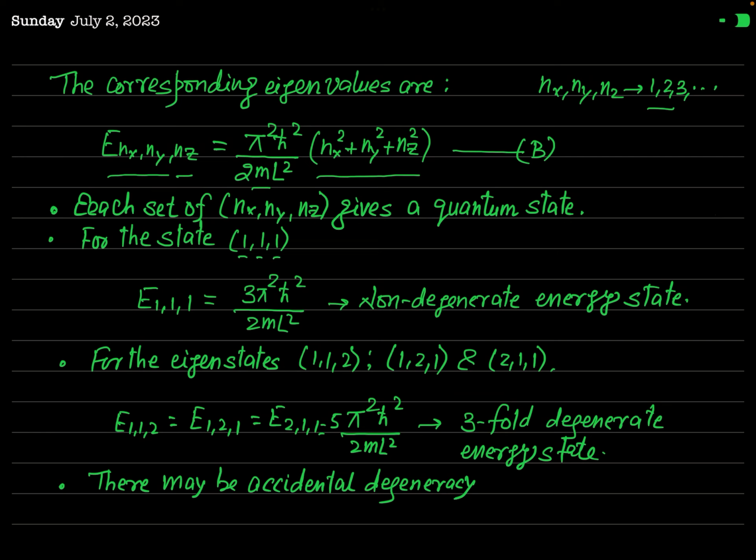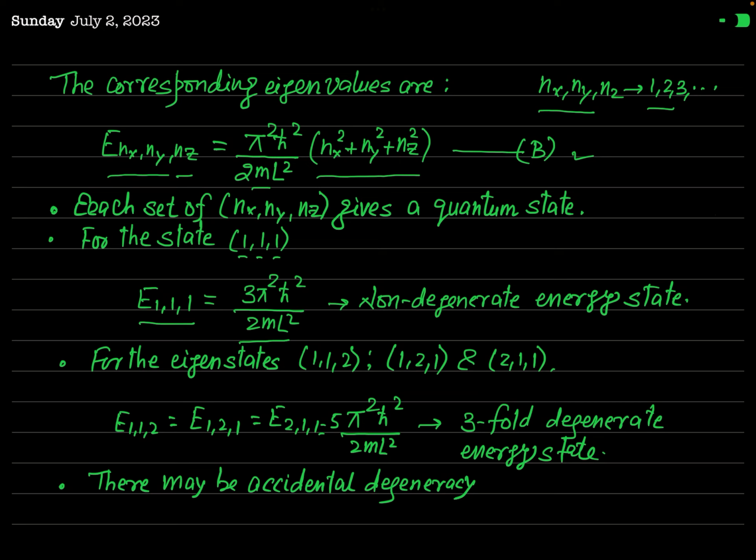You can see from this equation B that this energy eigenvalue E111 is equal to 3 pi square h bar square over 2 ml square. Now, a particular set of these quantum numbers nx, ny, nz represents a quantum state.